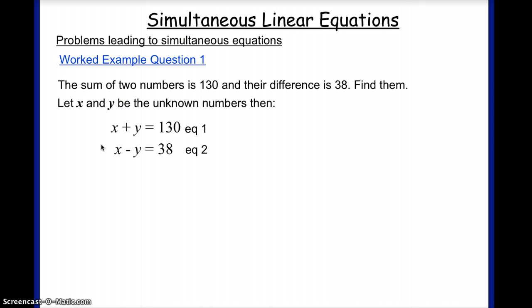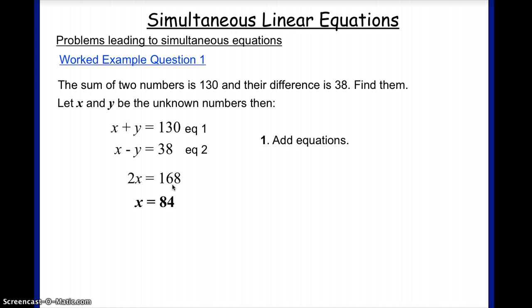Now you can solve this using what you know about solving simultaneous linear equations. We can use the elimination method, and when you do, we just add these two equations and we will be eliminating the variable y. So then you will have x plus x is equal to 2x. 130 plus 38 is 138, so your x is equal to 84.